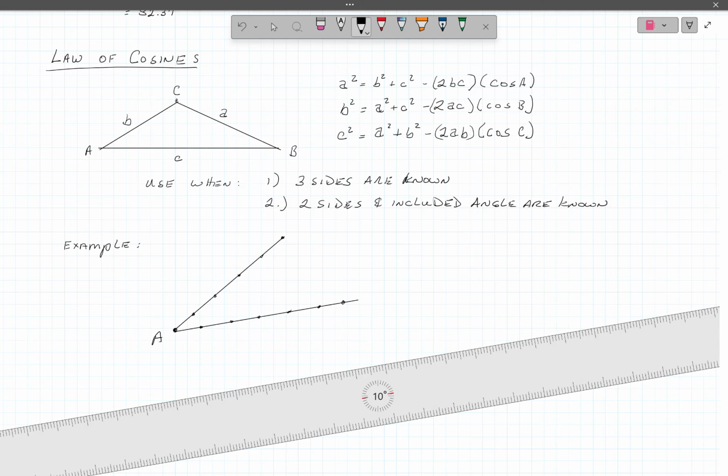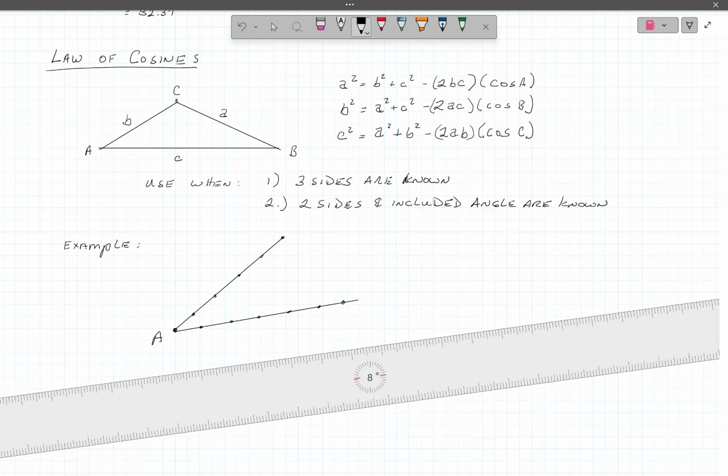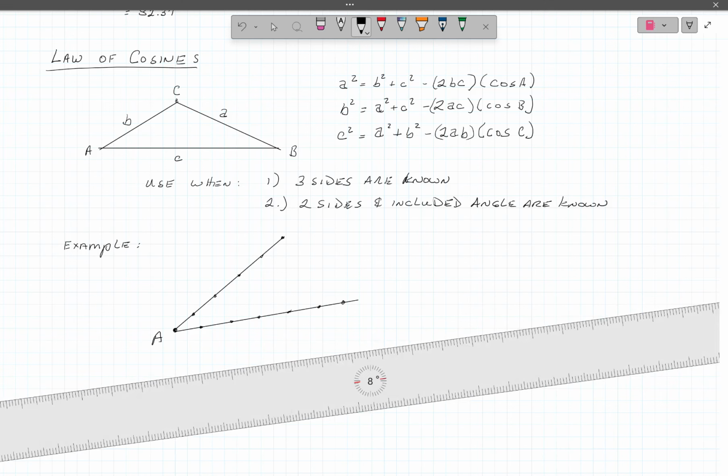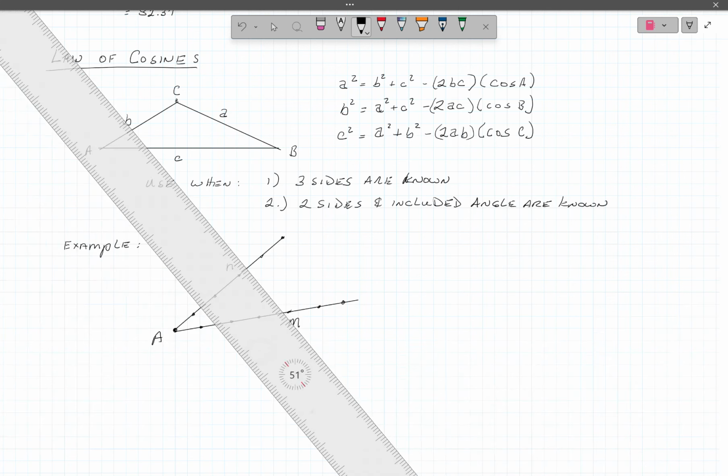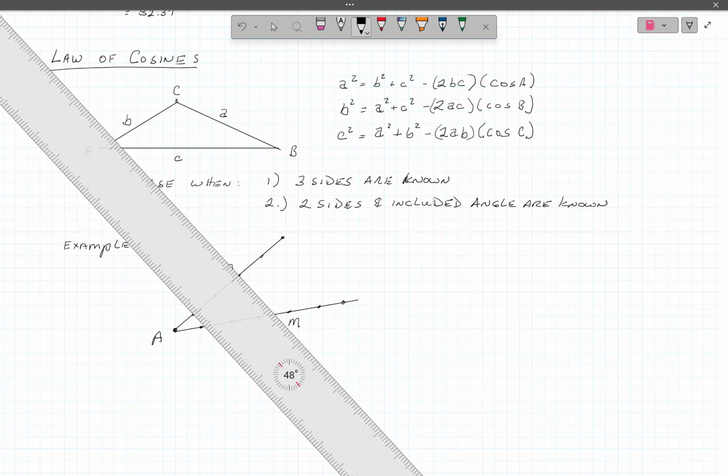Okay. Now, the bit we need to know is this. We're going to label this point N. We're going to label this point M. I guess that's not where I'm putting the M. We're going to put the M right there where that intersects.